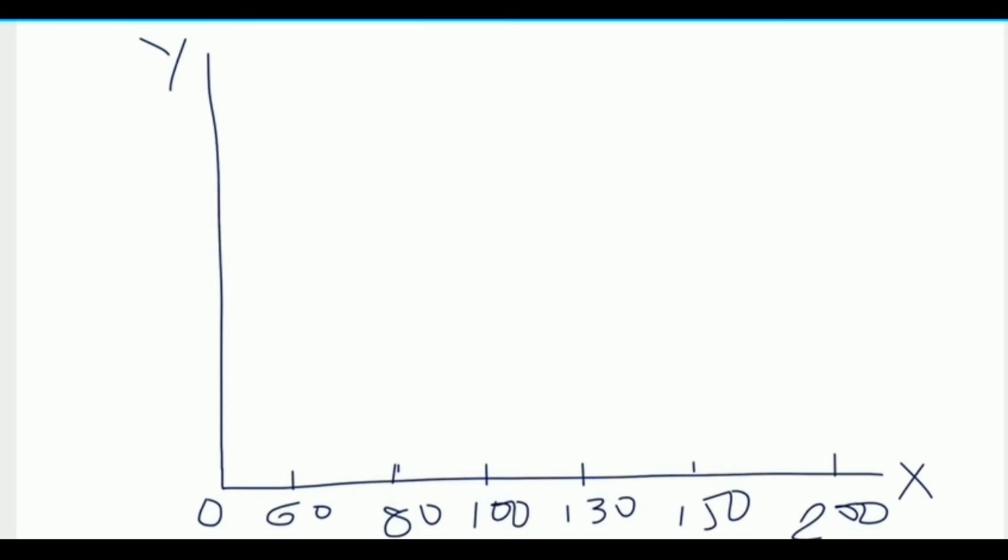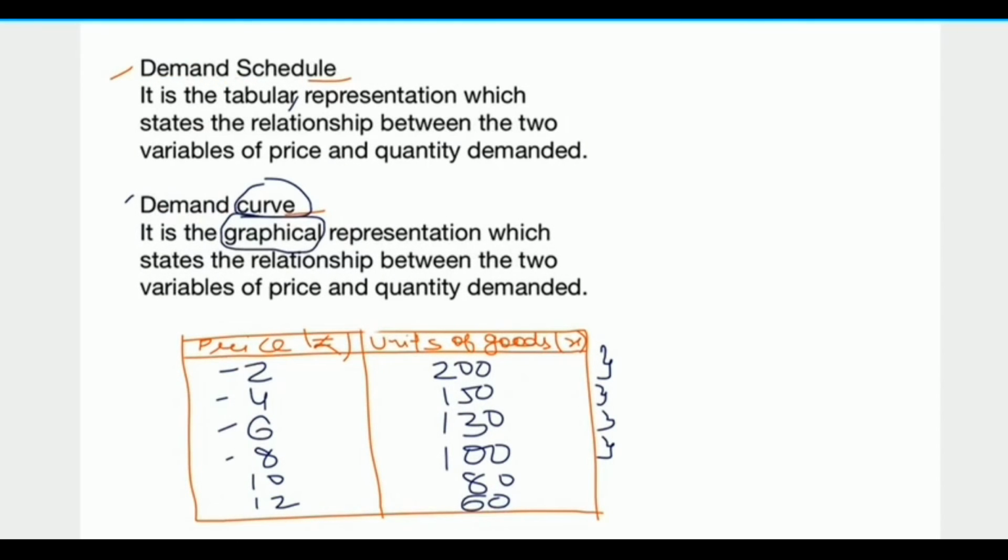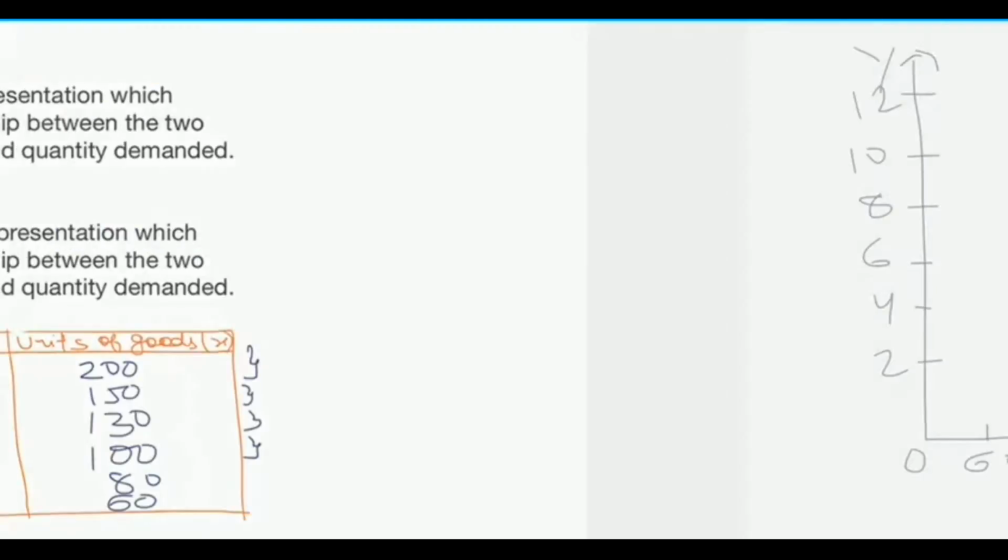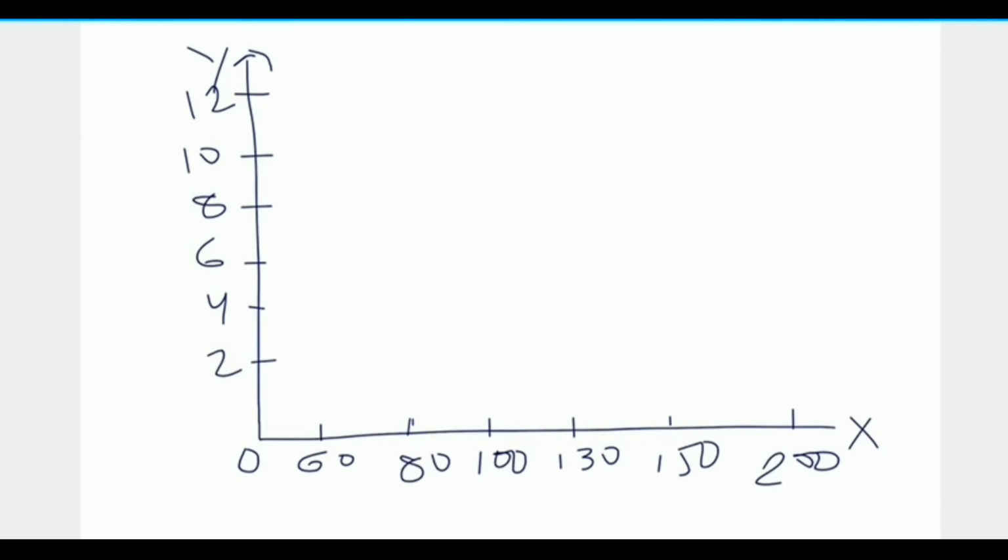And let us take this as 2, 4, 6, 8, 10 and 12. We can see that when the price is 2 rupees, then the units of good X is 200. This is price and this is quantity demanded.